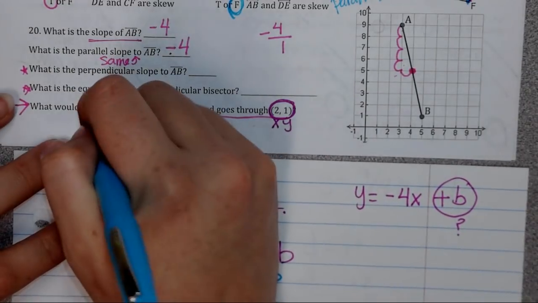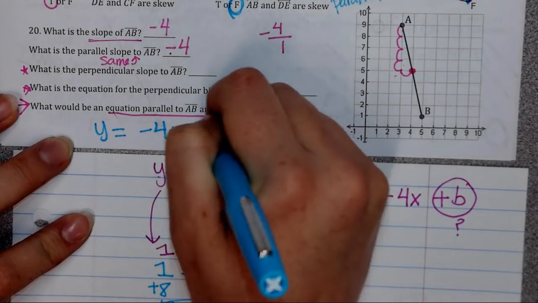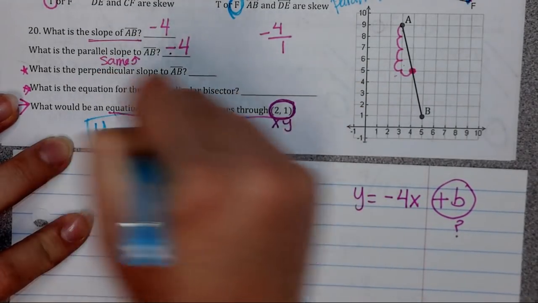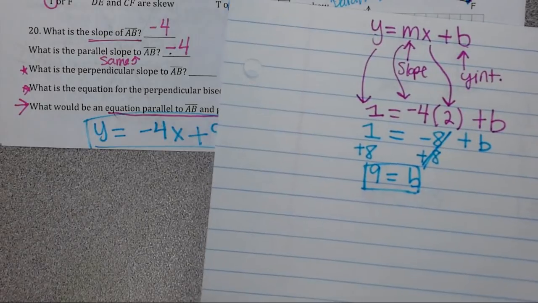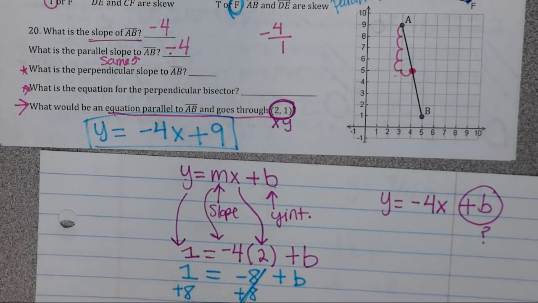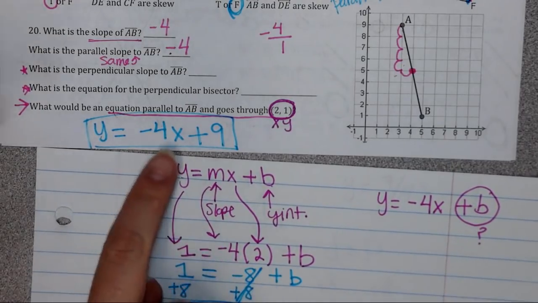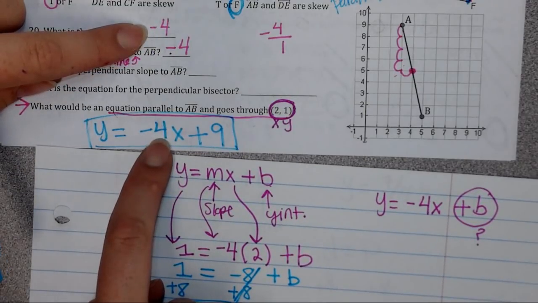Okay, so then our final equation will be y is equal to -4x plus 9. Why is the parallel slope to AB still -4? Because parallel lines have the same slope.